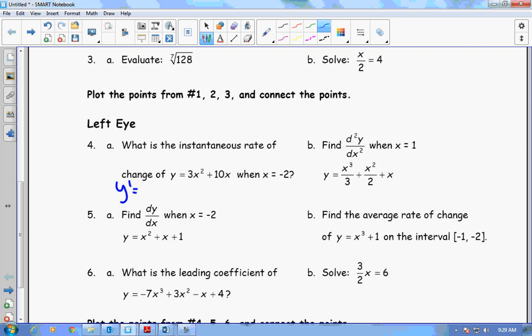Okay, what would the derivative y prime equal? Cool. And now it wants us to evaluate when x is negative 2.